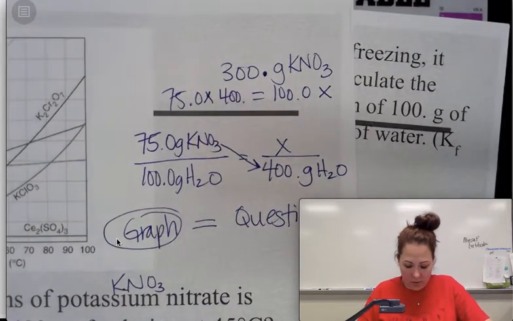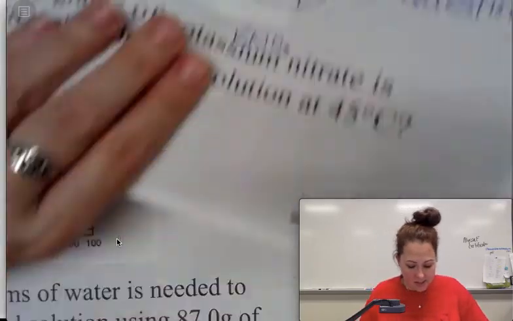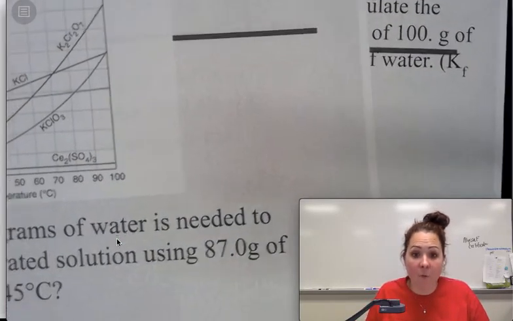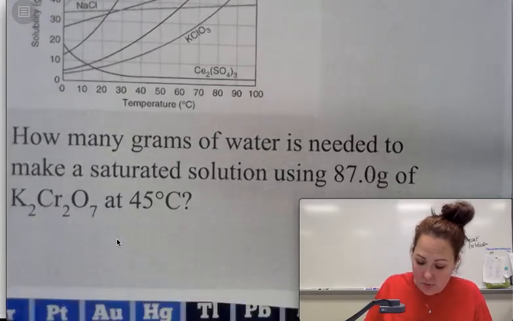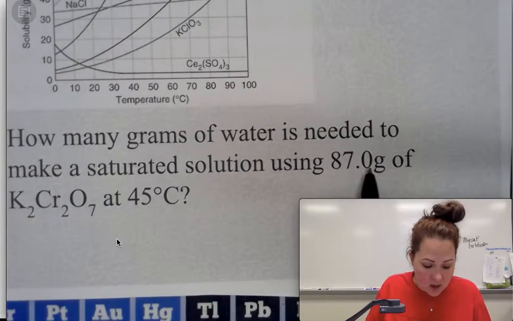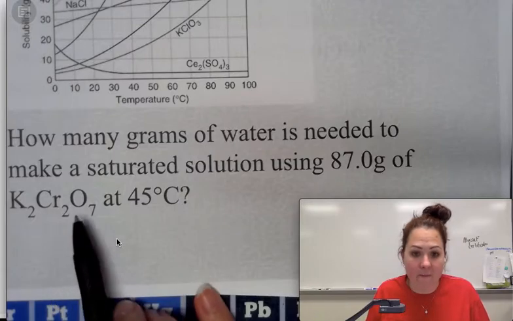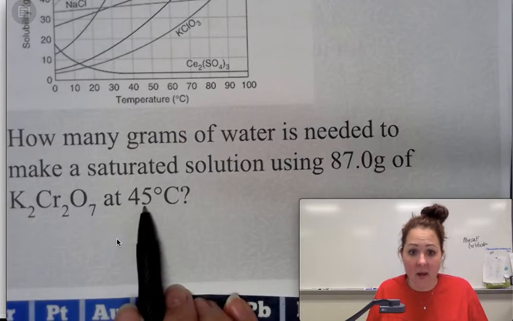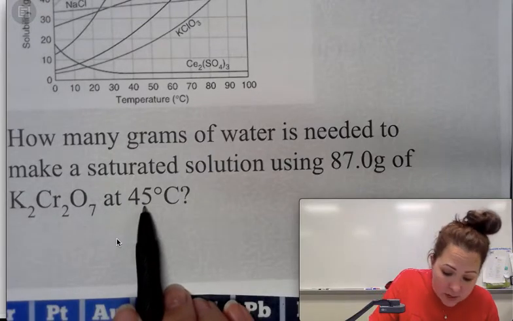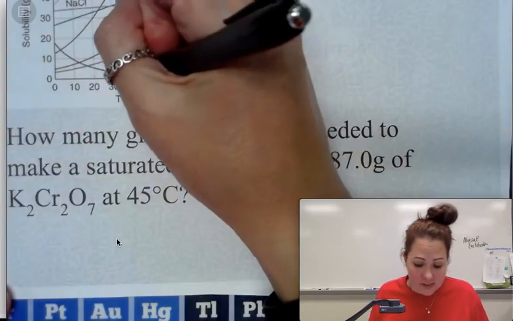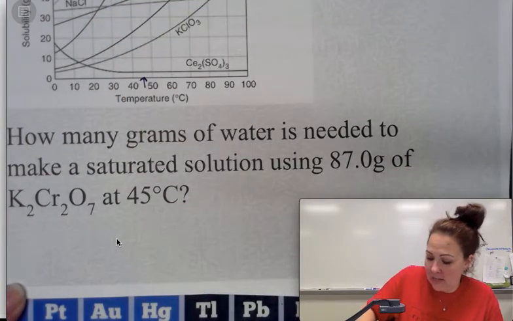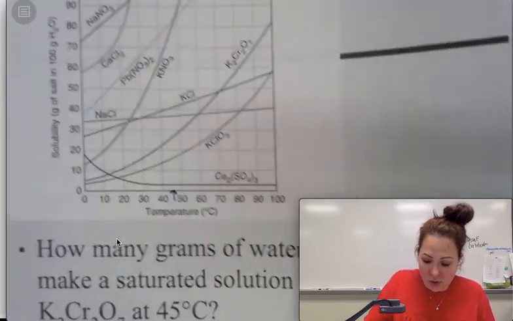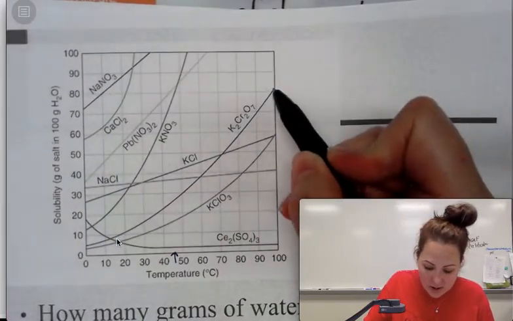Now the last one, it says how many grams of water is needed to make a saturated solution using 87 grams of potassium dichromate at 45 degrees Celsius. So again on this question, I'm reading the graph at 45 degrees Celsius, but I'm only looking at the potassium dichromate line. So the K2Cr2O7, that is this line right here.